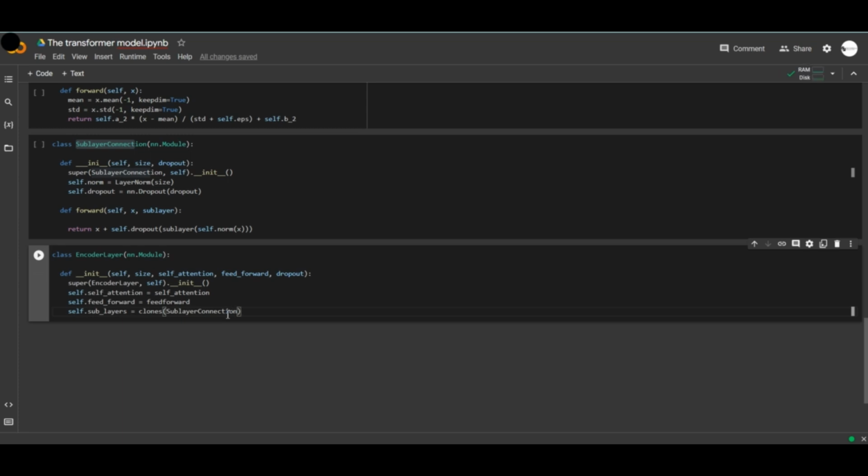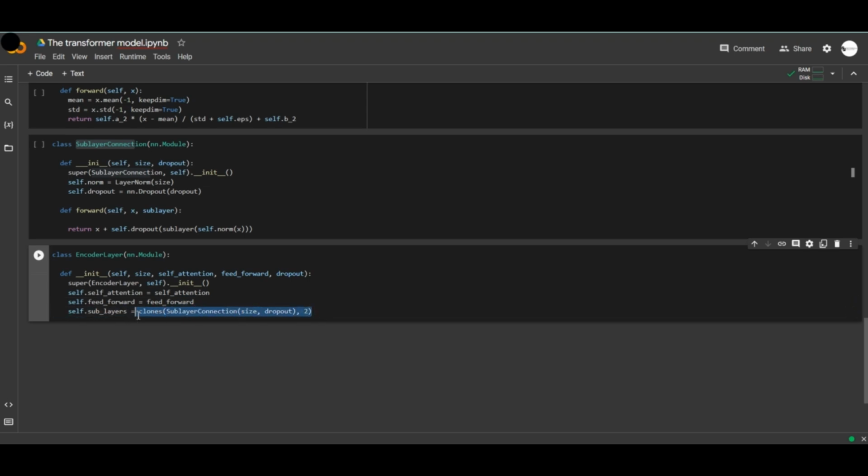So we pass it the size and the dropout, and 2. Here we will see how these are sublayers. We have 2 here because it is the attention and the feed forward. So now we need to pass those sublayers inside here.